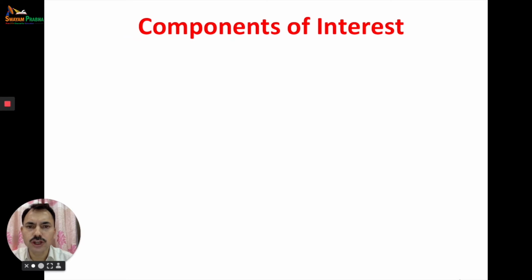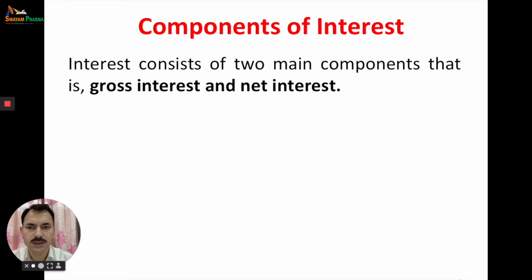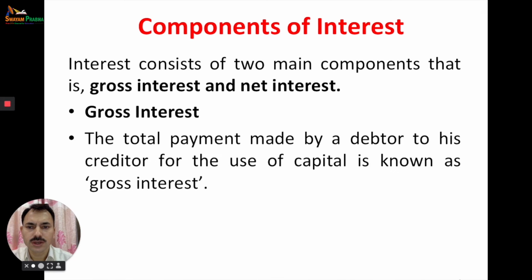Second part, components of interest. Let us discuss what the components of interest are. Interest consists of two main components: gross interest and net interest. Gross interest, basically the total payment made by the debtor to his creditor for the use of capital, is known as gross interest.